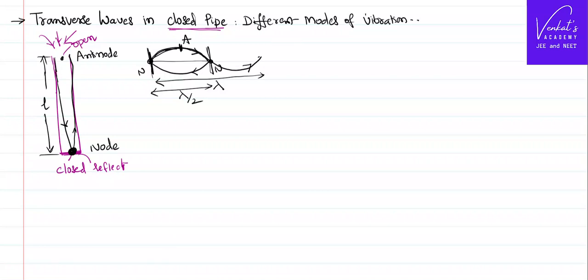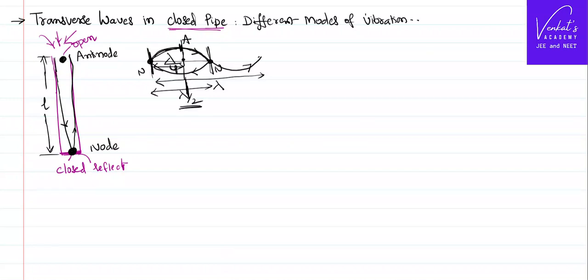Now I have a node and an antinode. If you see carefully, between node and node, there is an antinode exactly at the middle. So the distance between them is half of the distance between the nodes. Between the nodes it is lambda by 2, so between node and antinode it is lambda by 4.